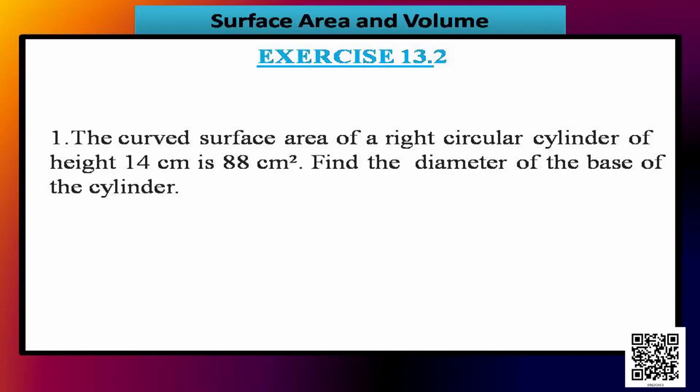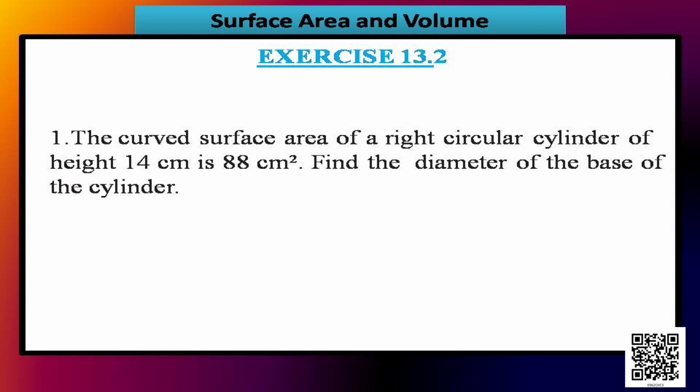Let us now solve question number 1. It says the curved surface area of a right circular cylinder of height 14 centimeter is 88 centimeter square. Find the diameter of the base of the cylinder.